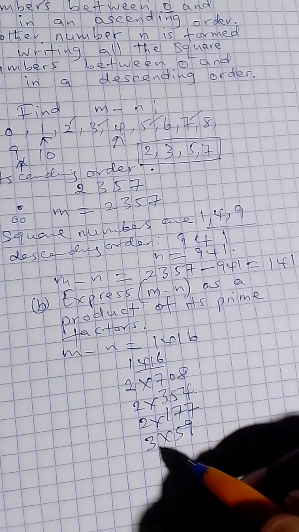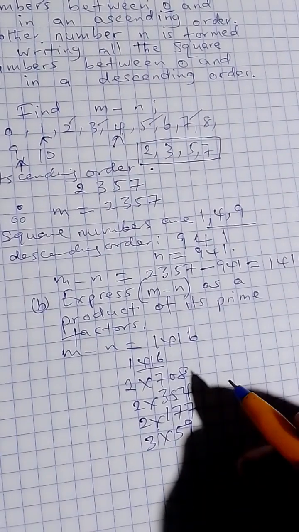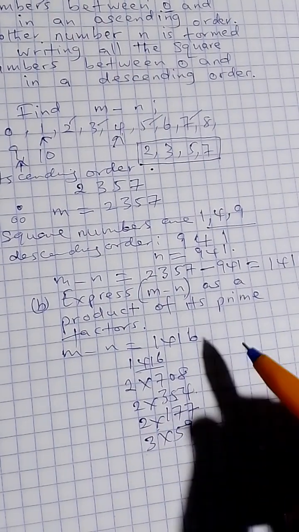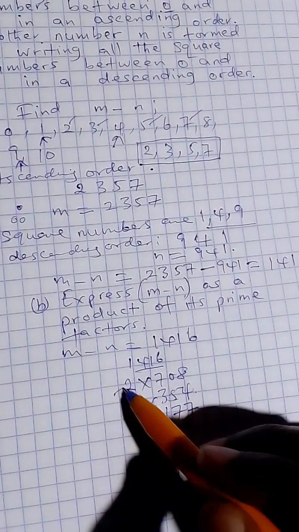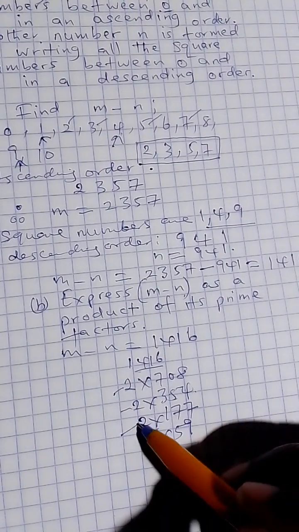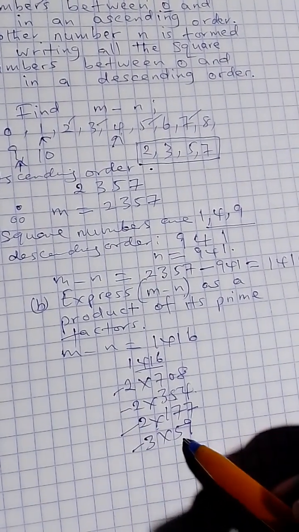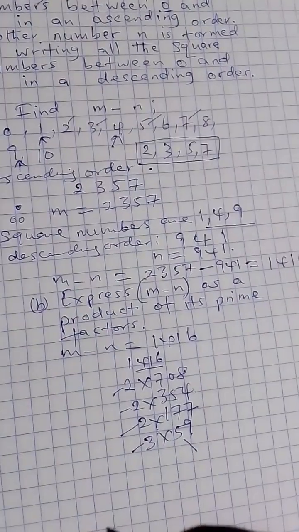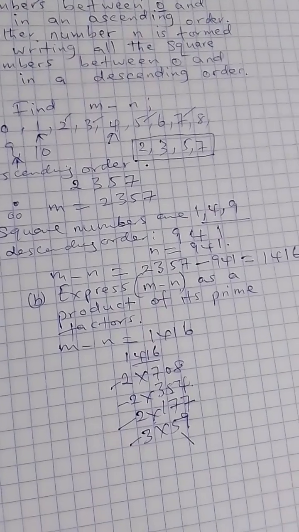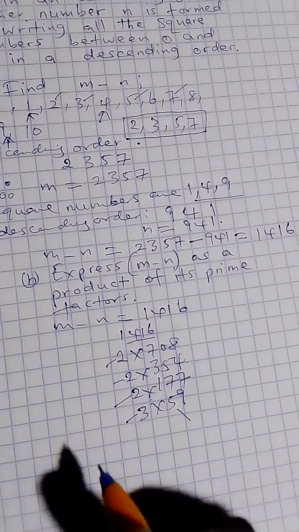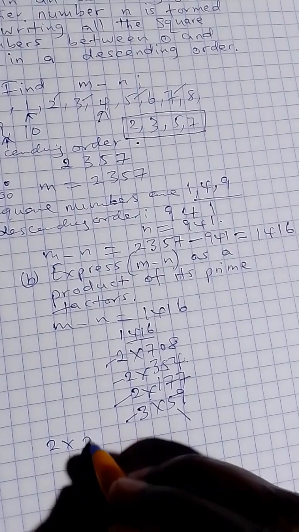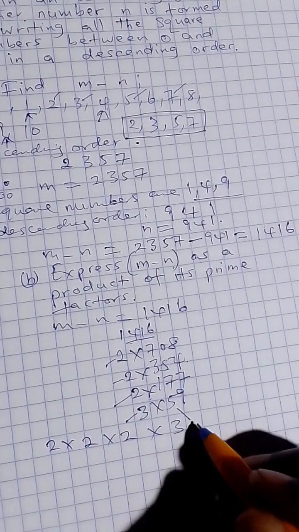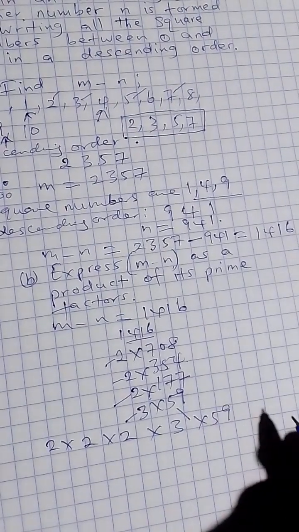So how can we write the prime factors of 1416? The prime factors will be 2 times 2 times 2 times 3 times 59.